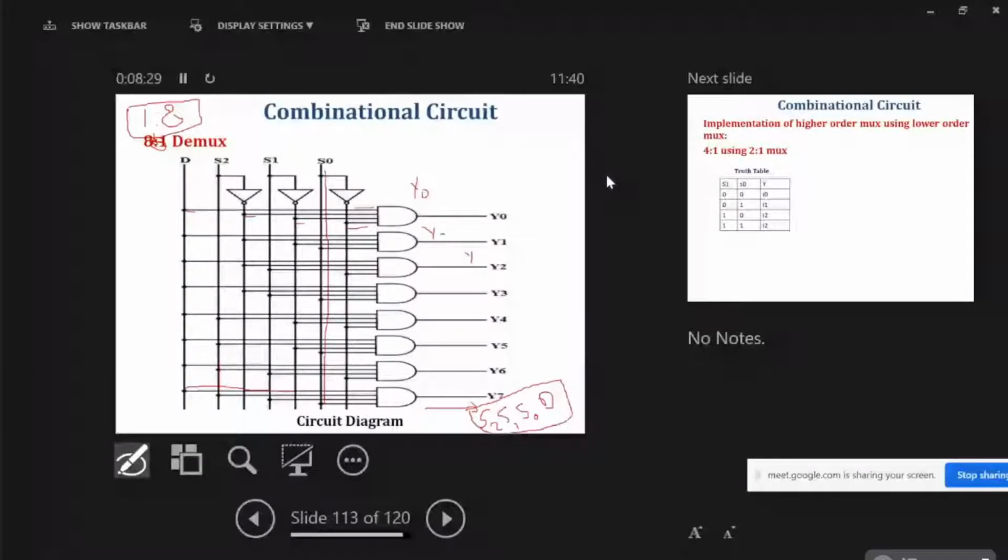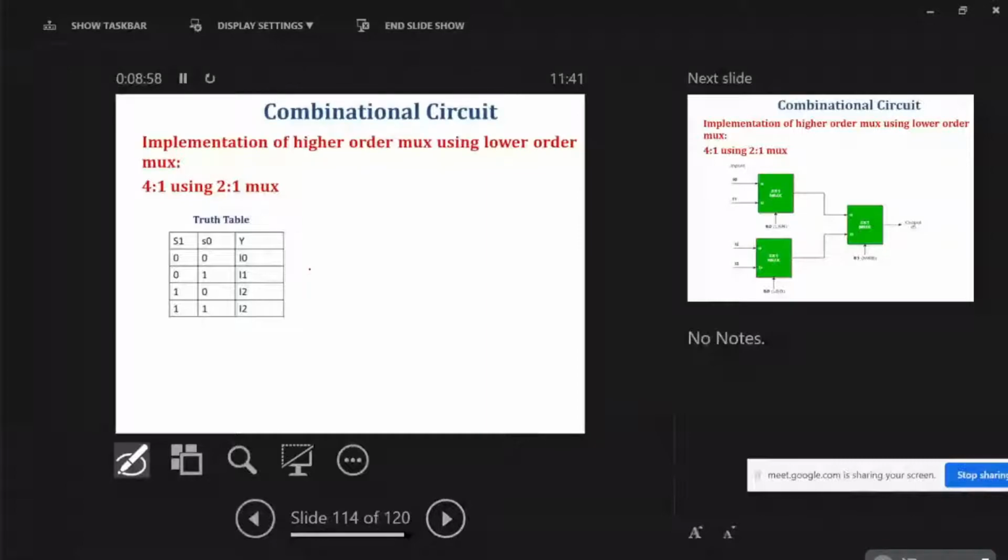Variations are there according to the number of input lines and selection lines. So we can implement a higher order multiplexer with the use of lower order multiplexers. What is the meaning of higher order? It has a higher number of input lines, and lower order has a lower number of input lines.